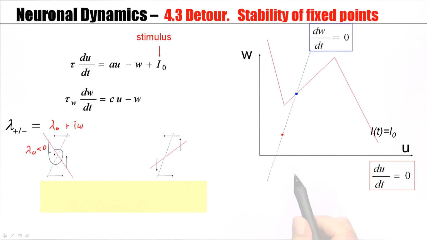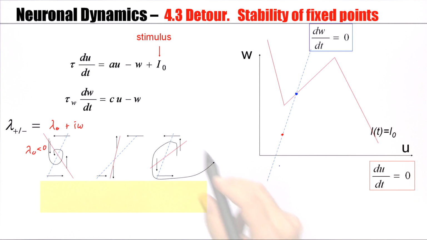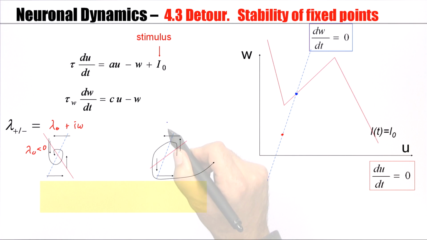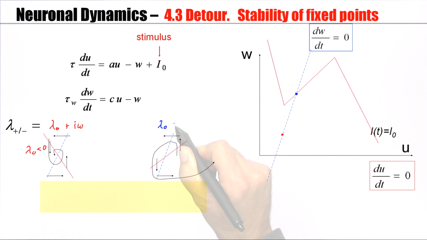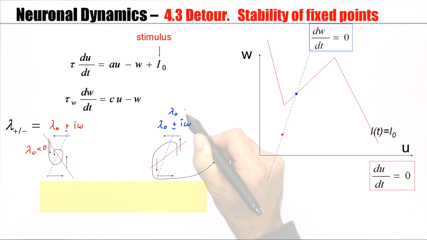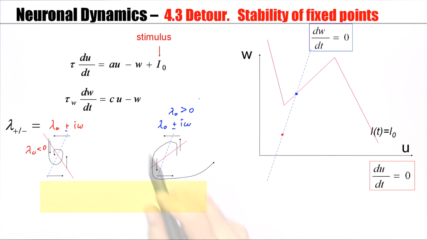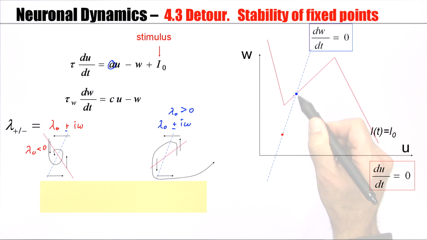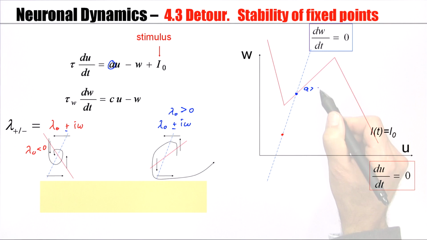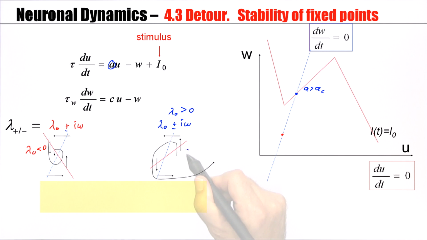If you do the analysis, we find in this situation that it's unstable, and again, the structure is plus minus i omega, and the lambda 0 here is larger than 0, under the condition that this slope parameter a is larger than some critical value ac that depends on the other parameters, in particular on the time constants.